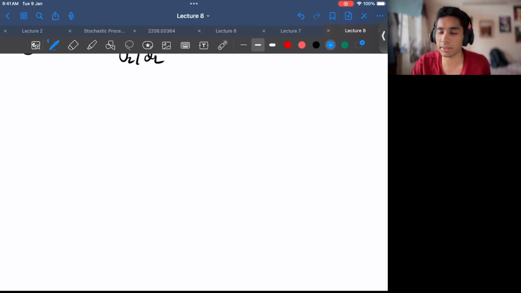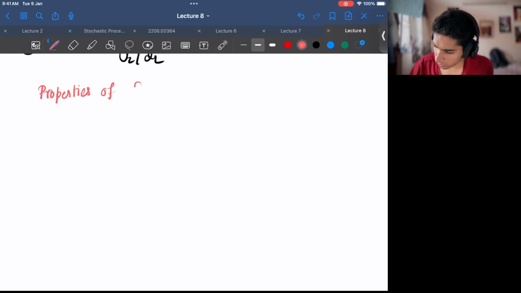That won't take a lot of time. Okay. So let me write down a few properties of the F distribution. Okay. So here it is, the properties of the F distribution.